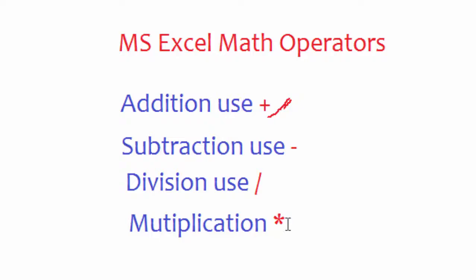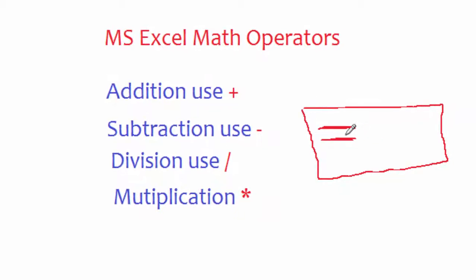Another thing is when you are doing any calculations in MS Excel, you normally start with the equal sign. This equal sign tells the computer that you want to do a mathematical operation. So if this is a cell, the first thing, always type the equal sign before you do anything else.